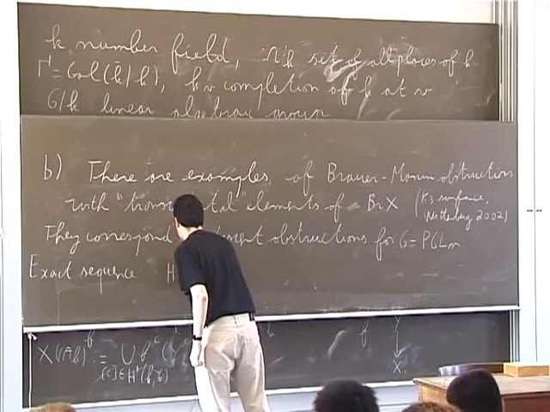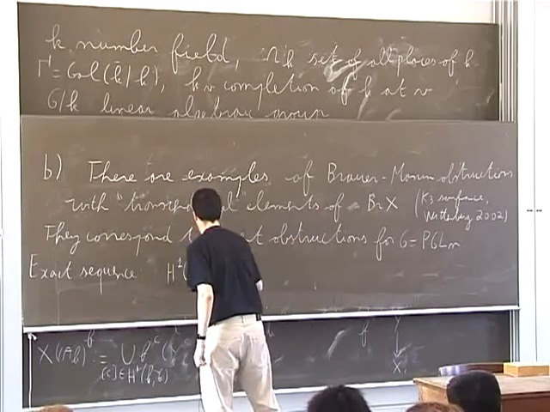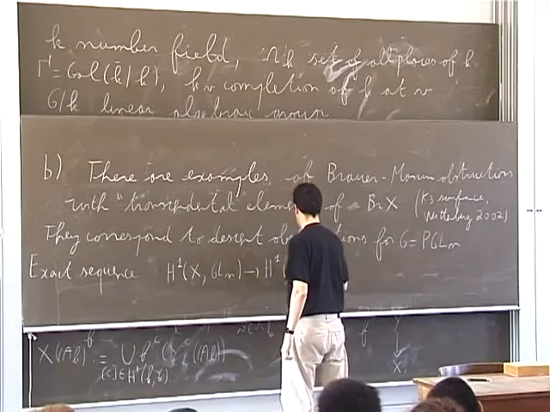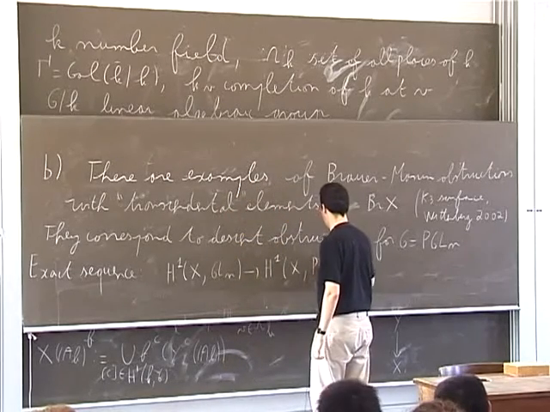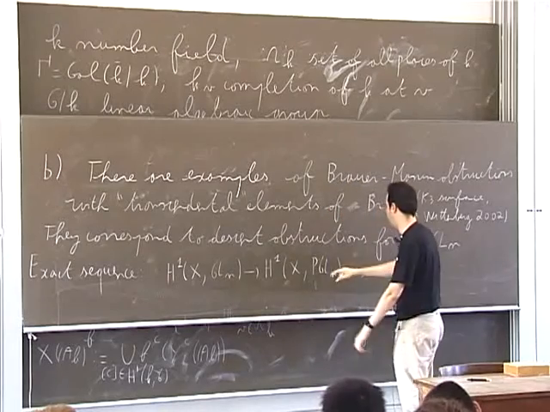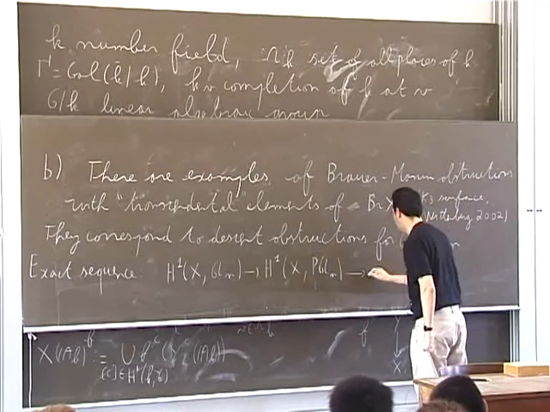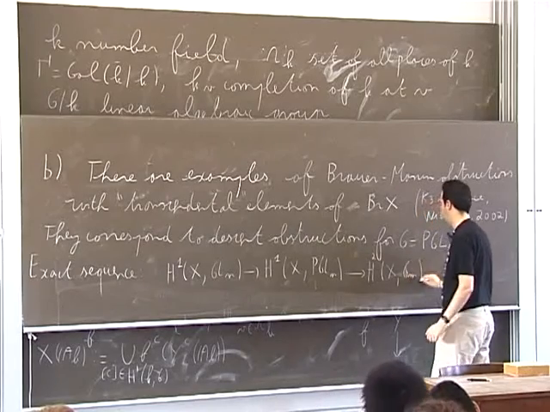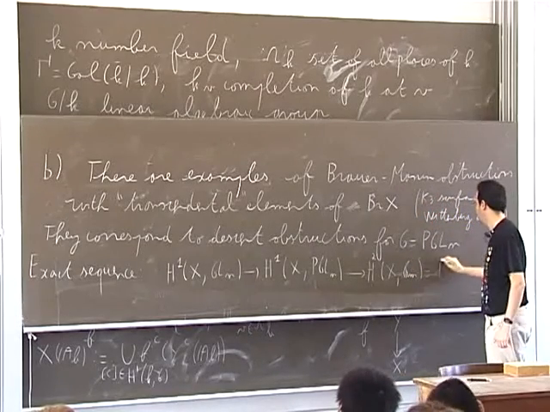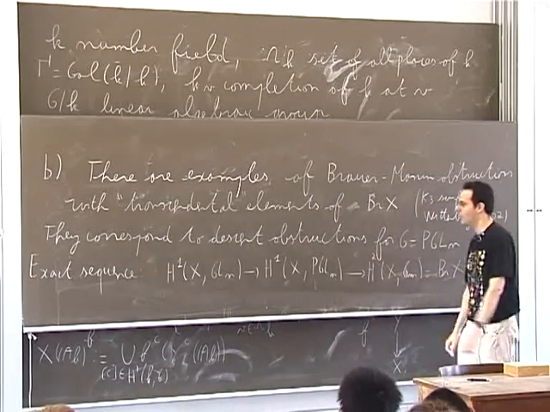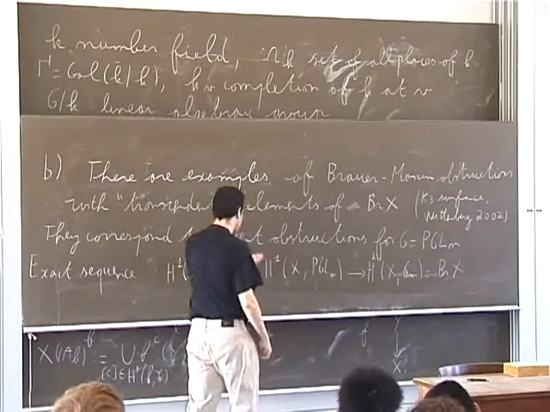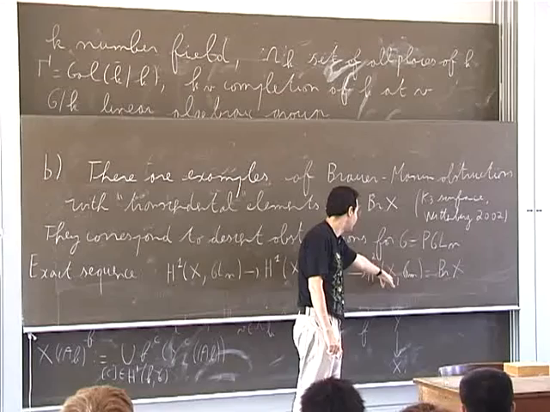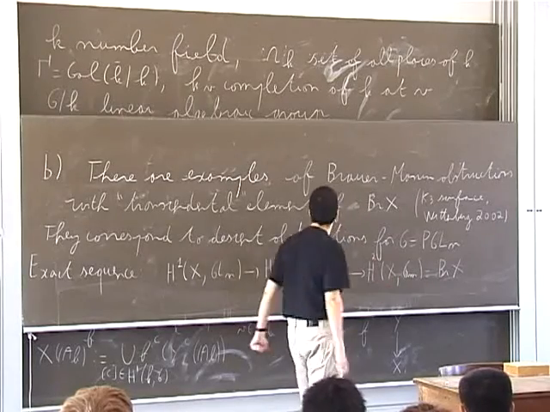So it goes like this: H1 of X with coefficients in GL_n, H1 of X with coefficients in PGL_n, and here you have a coboundary map to H2 of X with coefficients in G_m, and by definition this is the Brauer group of X. So this is one way to relate descent obstruction associated to PGL_n to Brauer-Manin obstruction associated to any element of the Brauer group.